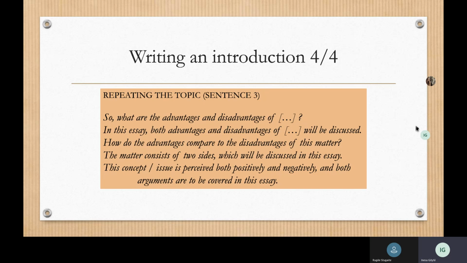Again, you do not use the pronoun I, because it is reserved for the very last paragraph, which is the conclusion. If you keep to this structure, I think that everything will be understandable and comprehensible. Just use these 3 sentences.